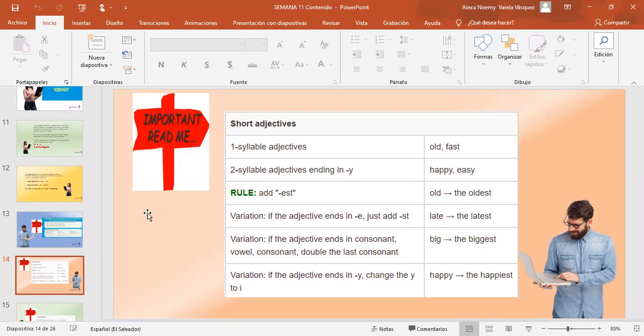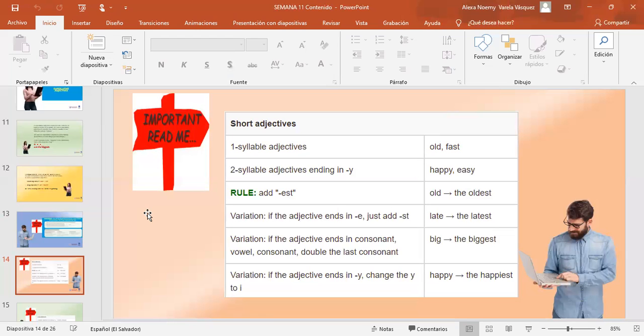We have variations, guys. For example, if the adjective ends in E, just add EST. For example, late, the latest. Another variation is that if the adjective ends in consonant, vowel, consonant, we double the last consonant. Big, the biggest, not one G, okay?